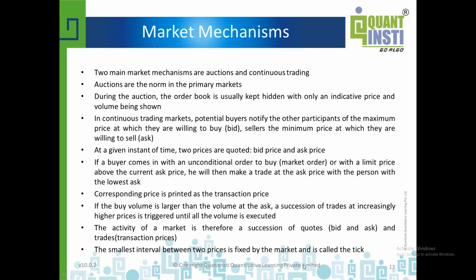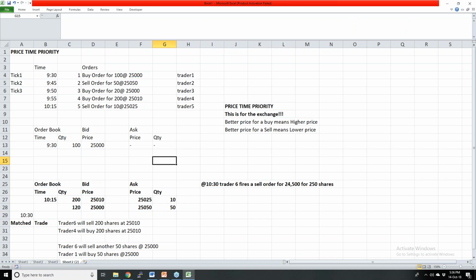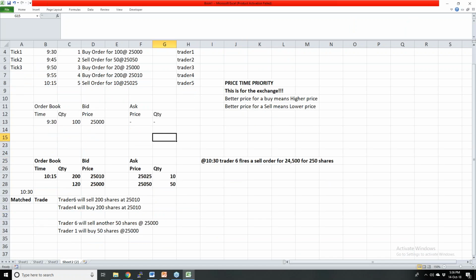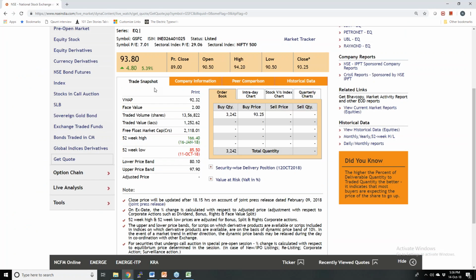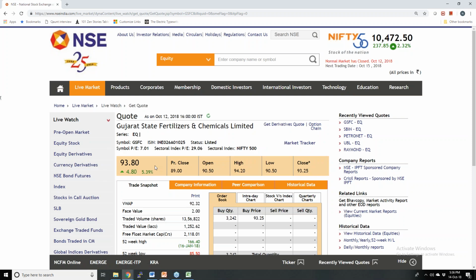So for example, in India, if I want to buy Gujarat State Fertilizers, I cannot buy it at 93 rupees 81 paisa.